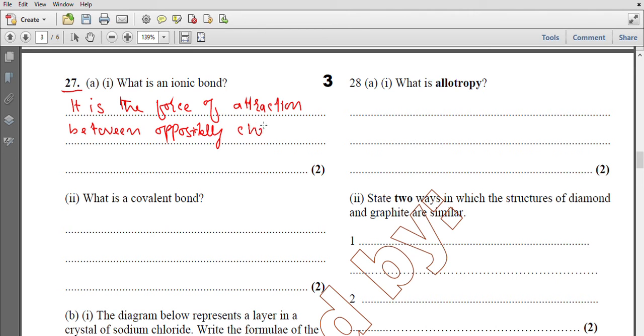If you can say the electrostatic force of attraction between oppositely charged ions, this will be far better, but it is acceptable.